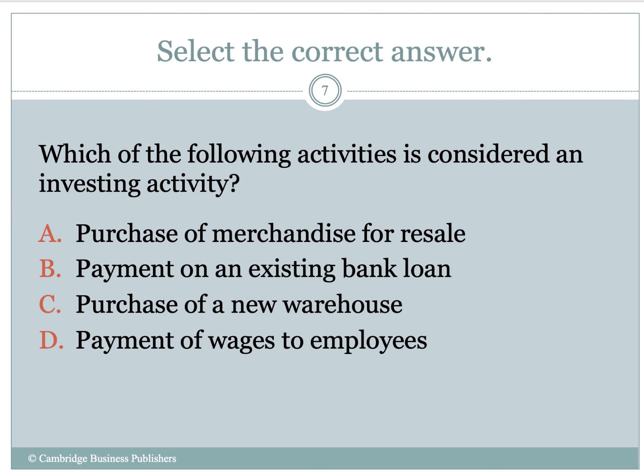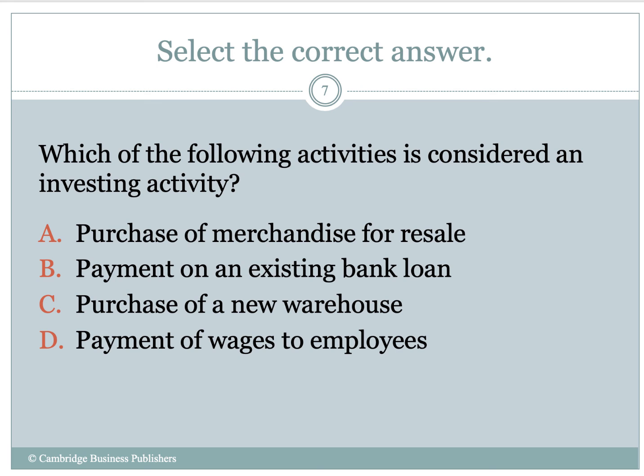So real quick, a check your knowledge kind of thing. Which of the following activities is considered an investing activity? Well, let's think about this. An investing activity, what are we buying? Investing says that we're looking at investments, long-term assets, PP&E.